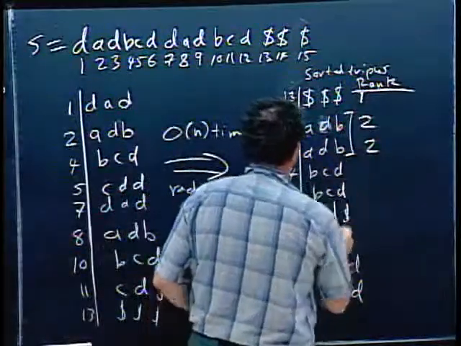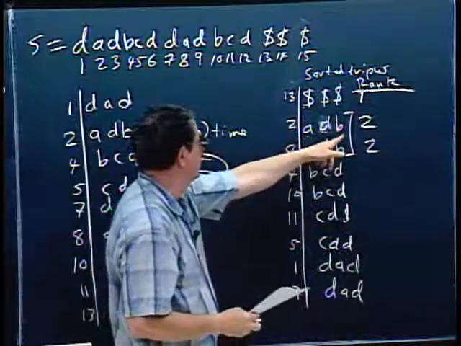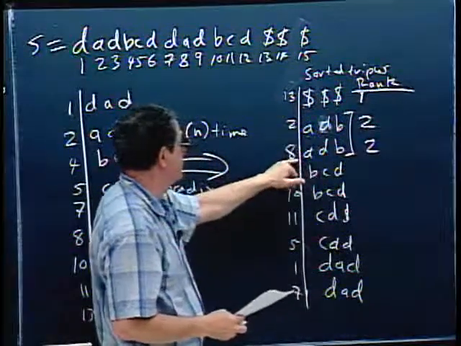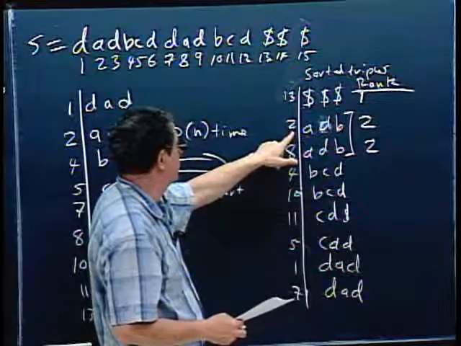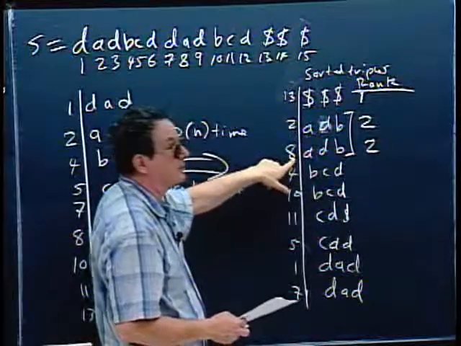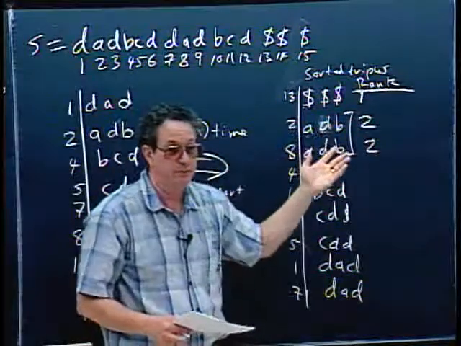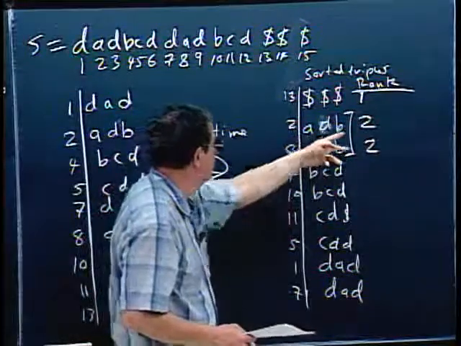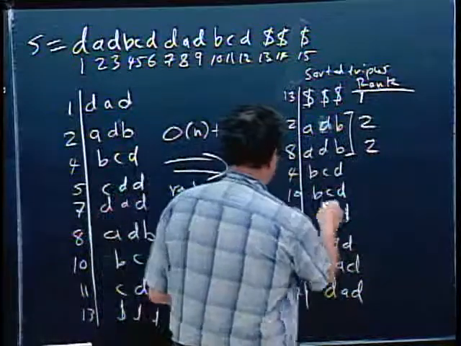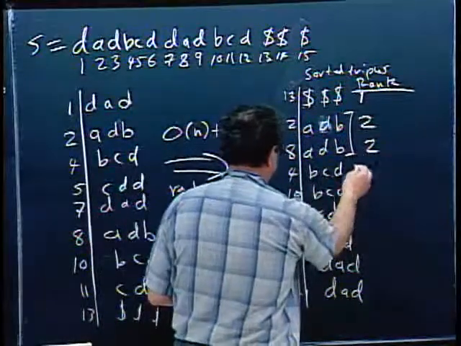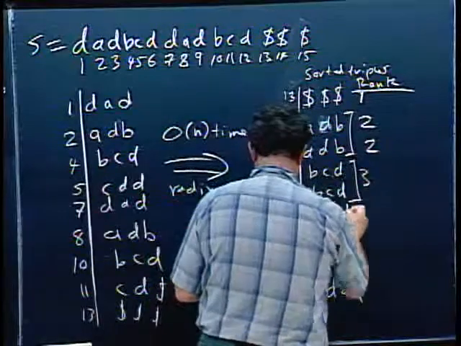Because at the moment, we don't know. We've only looked at 3 characters, starting at position 2 and starting at position 8. We don't know which of these 2 suffixes, the one that starts at 2 and the one that starts at 8, is really the lexicographically smallest, because right now they're still identical. So they're both going to be rank 2. And then the next one, BCD, we have another BCD. That's rank 3.